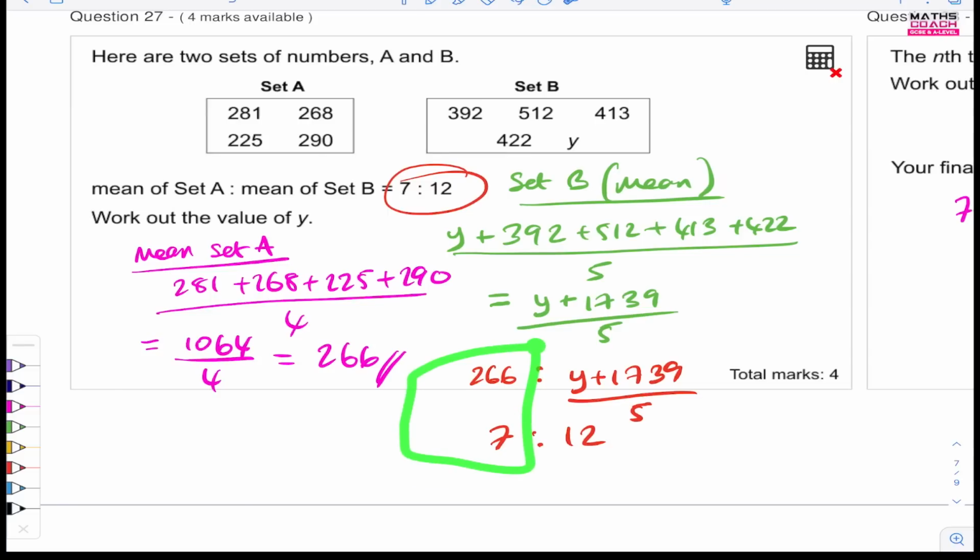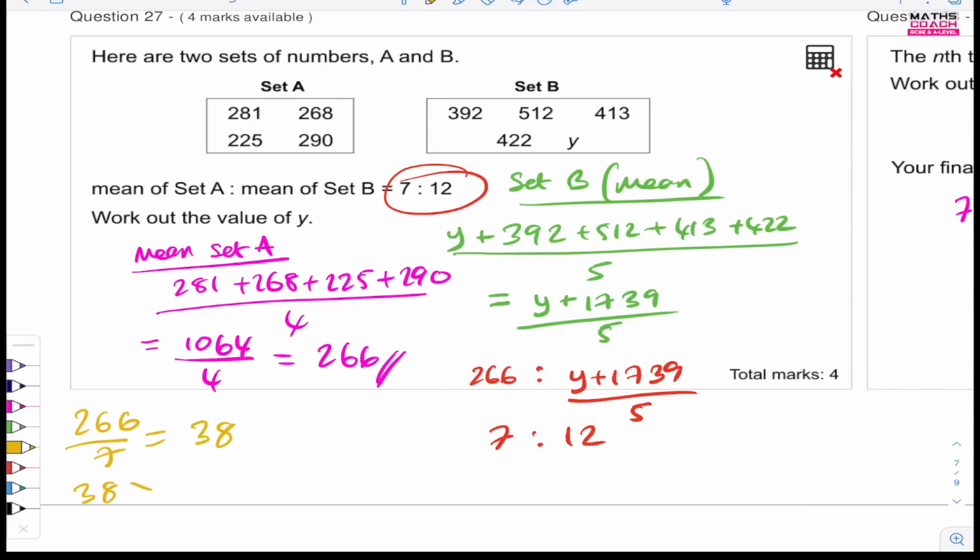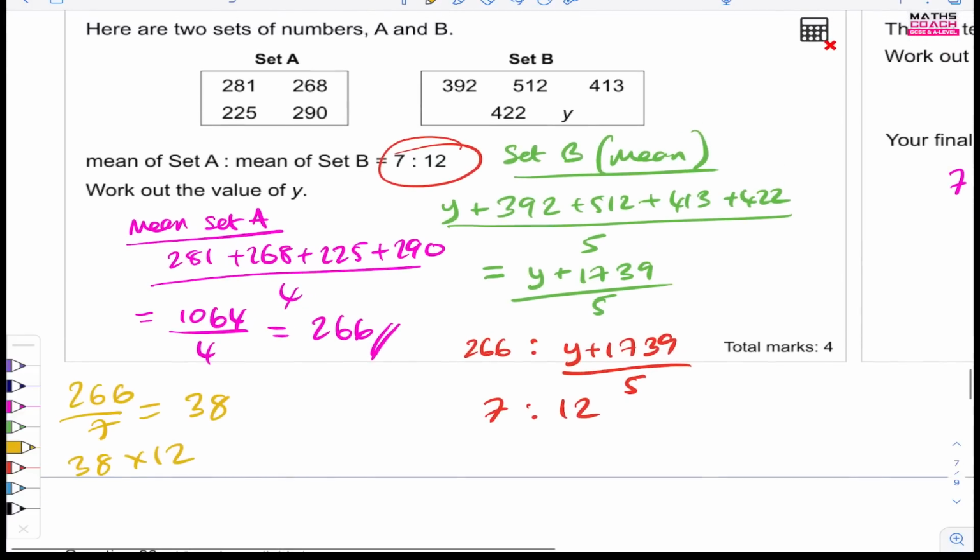Once we know what 1 part represents, we can multiply it by 12 to give us what 12 parts represents, which will give us the mean of that. So let's go ahead and do that. 266 divided by 7 would represent what 1 part is, which is 38. And then 38 times 12 will tell us what the mean of set B should be. And that should be 456.